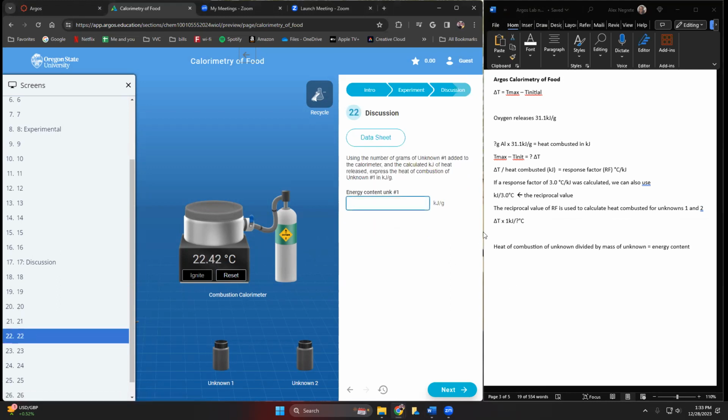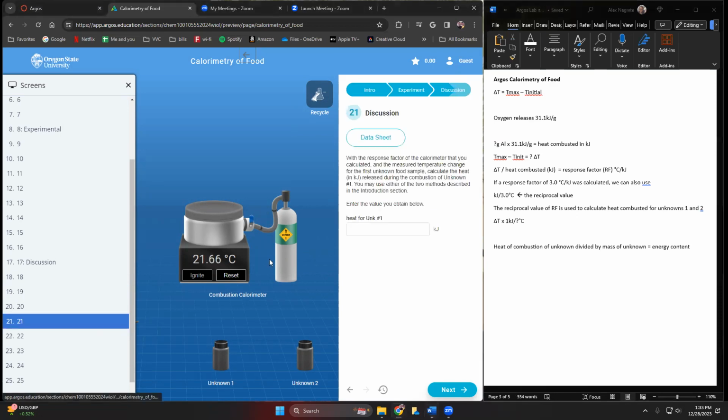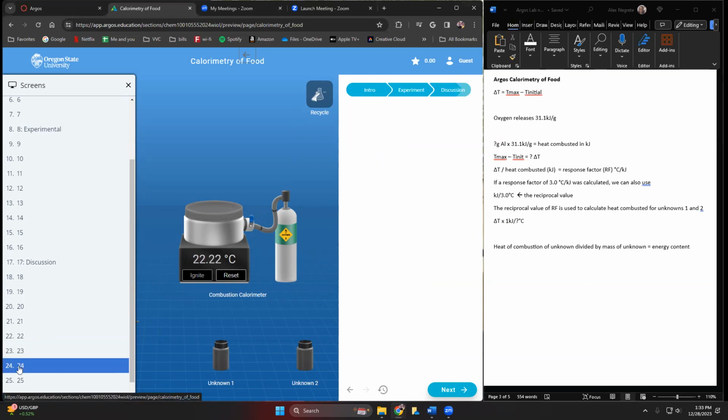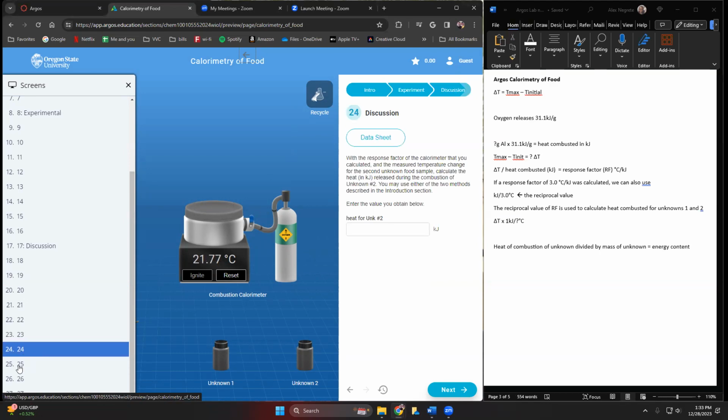When we talk about the energy content of the unknown, the heat of combustion of the unknown, we just divide the heat of combustion, which was previously calculated here, by the mass of the unknown. That is the energy content in that first unknown. And you repeat that process for unknown number 2.